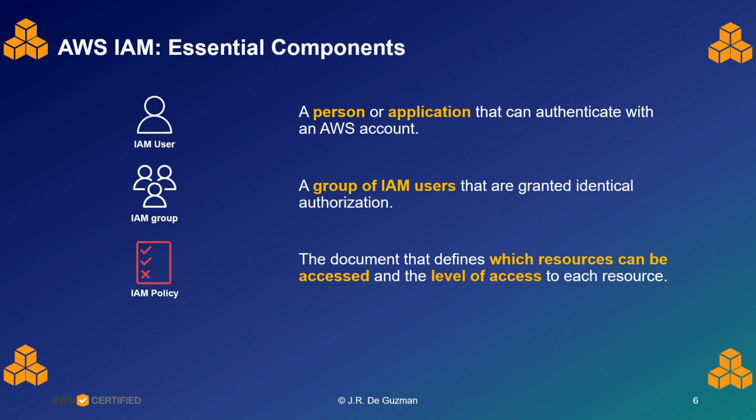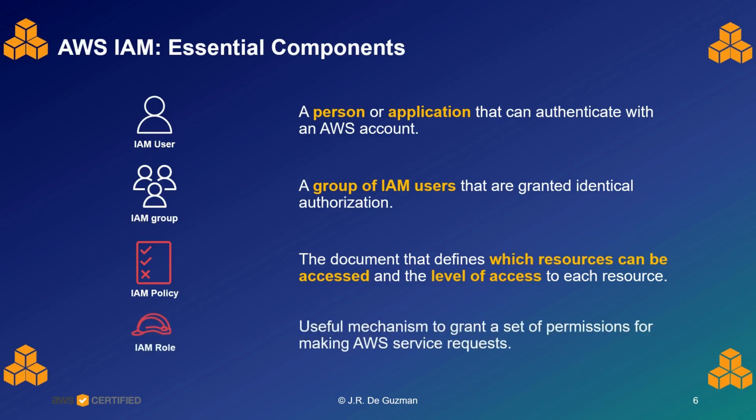And next, the fourth essential component is the IAM role. A role is a tool for granting temporary access to specific AWS resources in an AWS account. A role is an identity within your AWS account that has specific permissions.